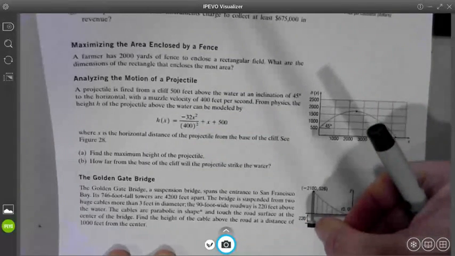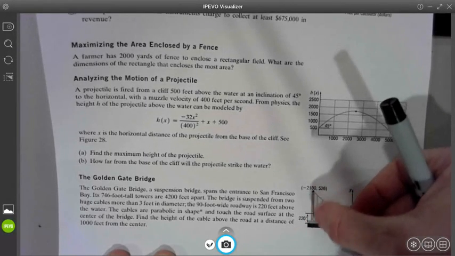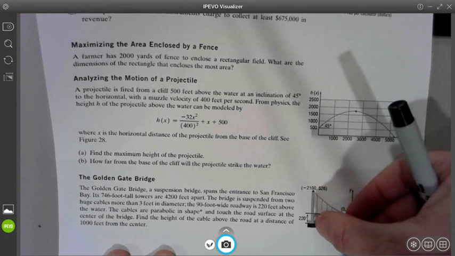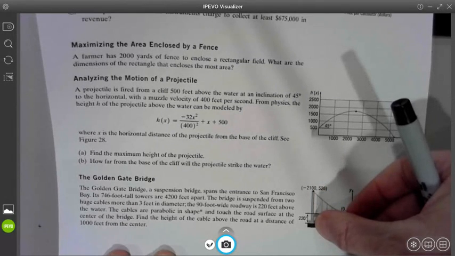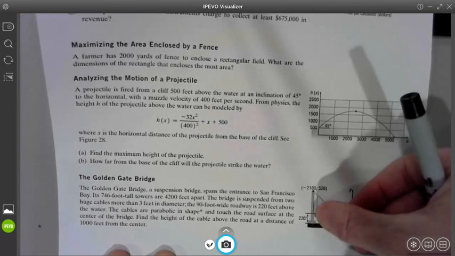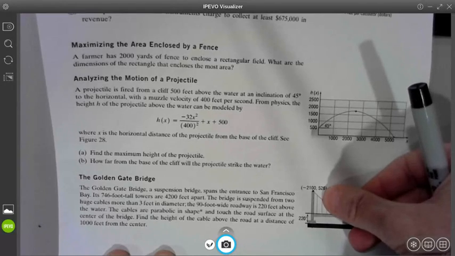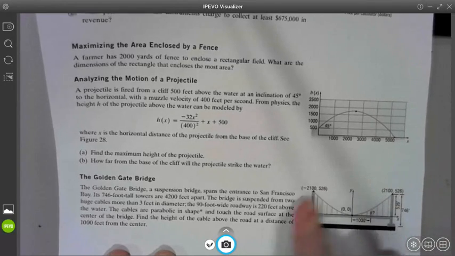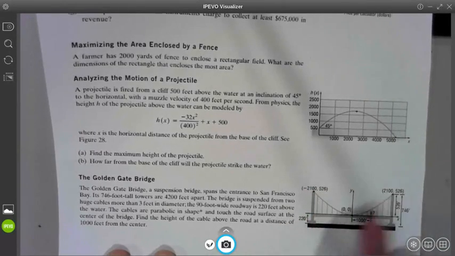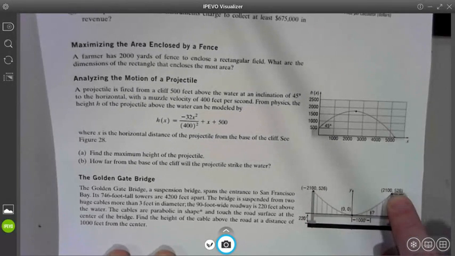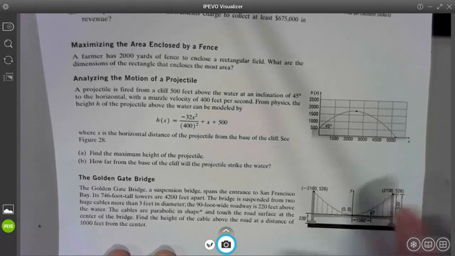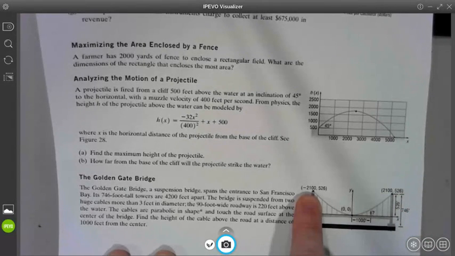The tower was supposed to be 746 feet tall, but the tower goes all the way down to the water, which means you're going to take off 220 feet from the 746, leaving from here, your x-axis, to there, 526 feet. So that's where these 2 points come from. So you have a parabola centered at 0, 0, and you know the points 2,100, 526 are on that parabola, and negative 2,100, 526 is on that parabola, okay?